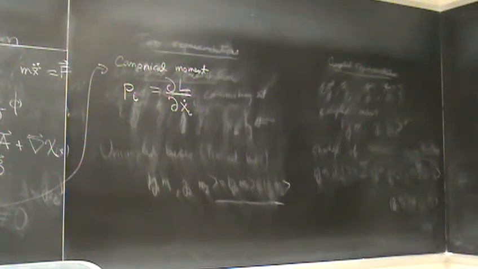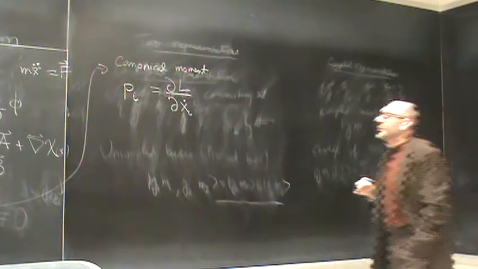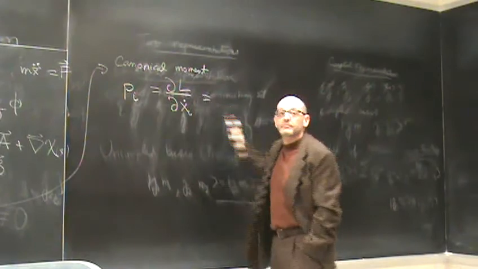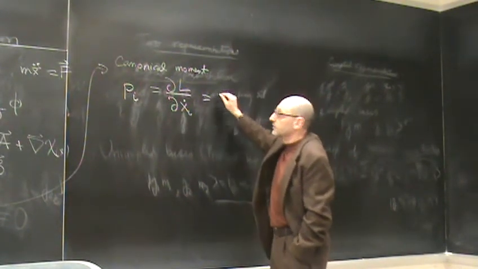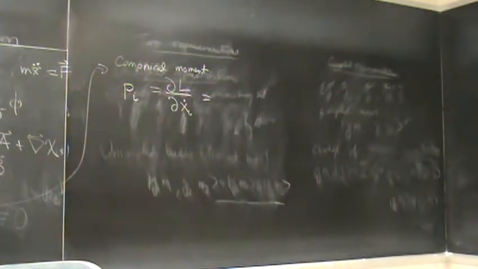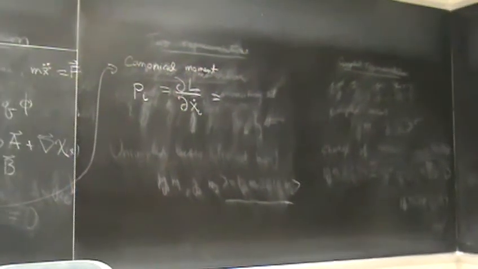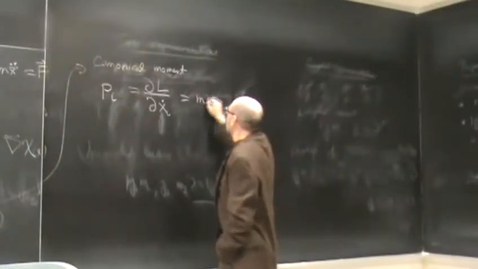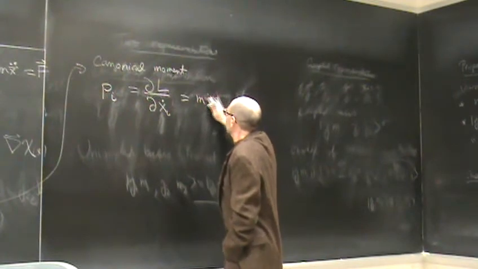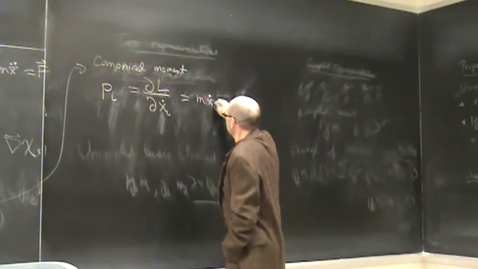The q and p, q is x in this case. So what is that? m x dot. I guess I forgot a half, didn't I? Okay, now it's right. So now we have m x dot sub i.